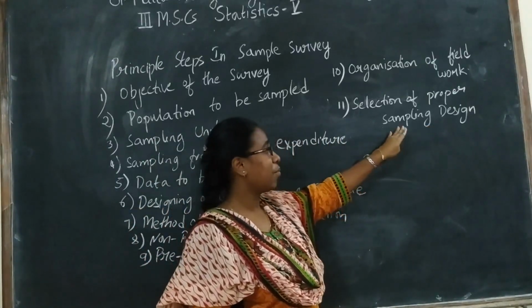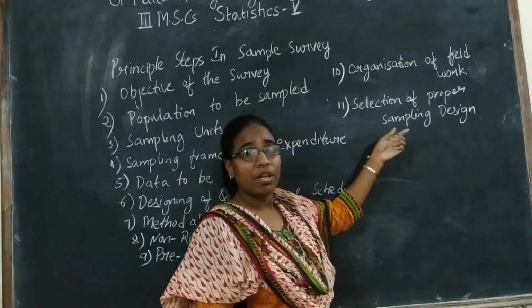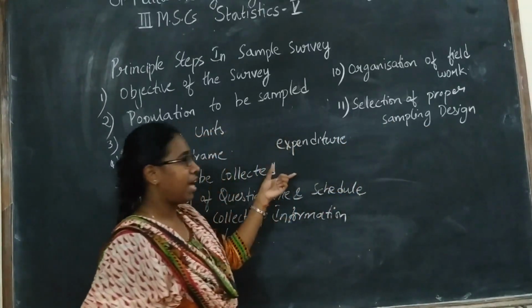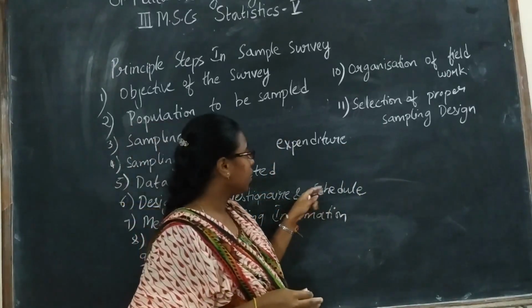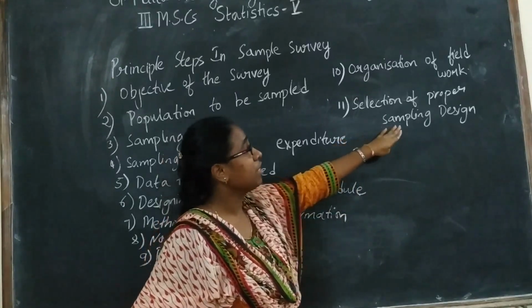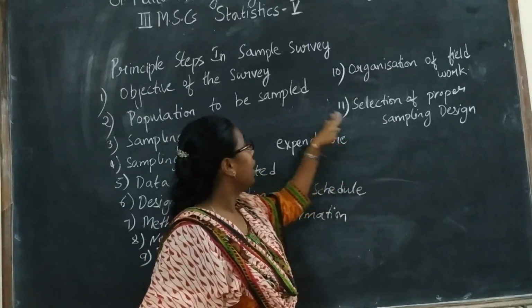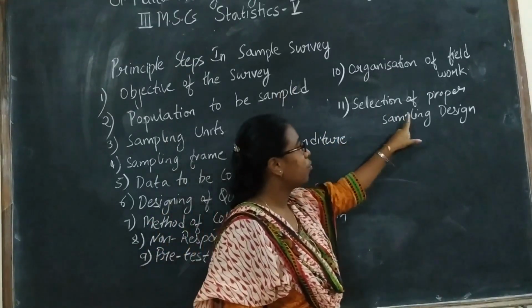From those designs, select whichever design suits your data, whether your data is numerical or an attribute kind of thing. So depending on your kind of data, and depending on your objective, you have to select the proper design.